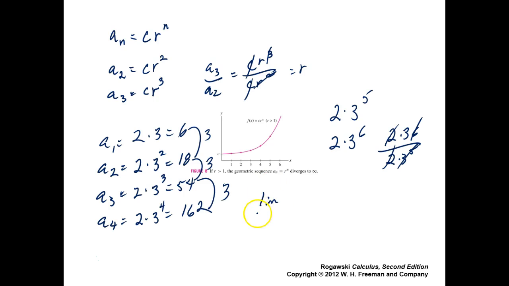The limit as n approaches infinity of a sub n, if this thing is going to infinity, then that diverges without limit. Okay. And if it was going to negative infinity, it'd just be the same way.